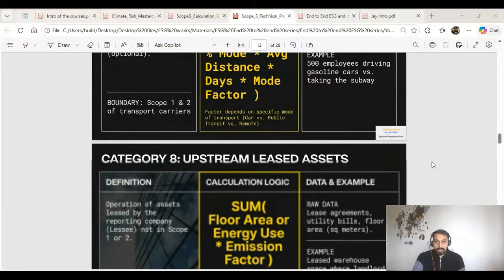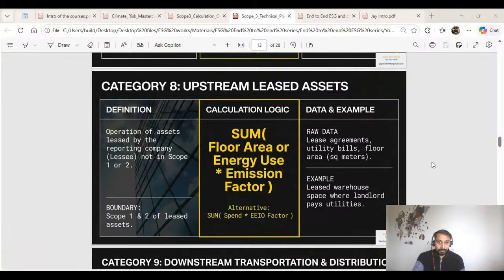Next category, right now categories 1 to 8 are all upstream. And category 8 is upstream leased assets, which are assets that you lease but do not use operationally, or you do not have operational control over. For example, a rented office or big IT infrastructure rented by big IT companies like TCS, Infosys, Accenture, similarly L&T and Linde and others.